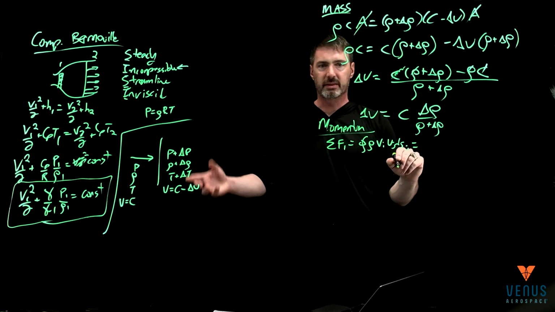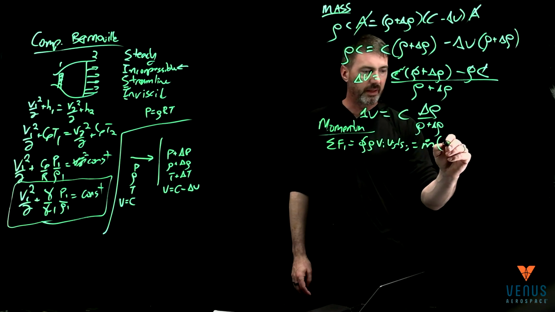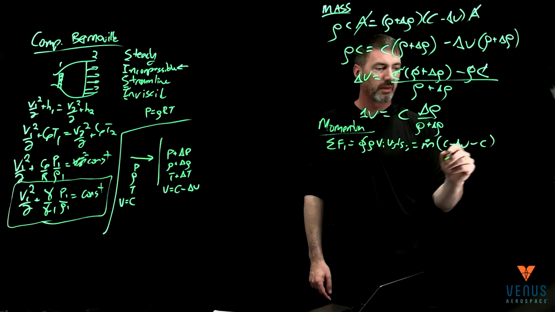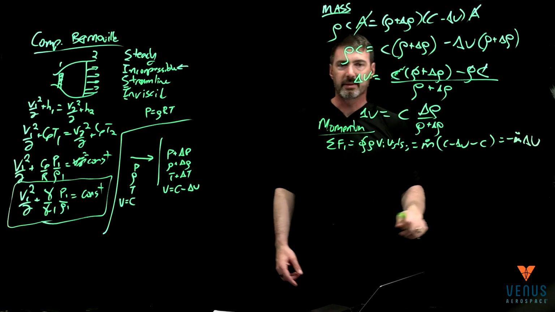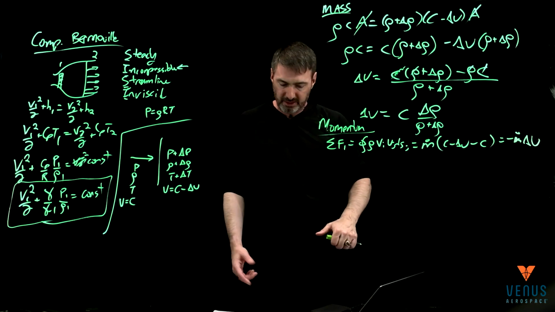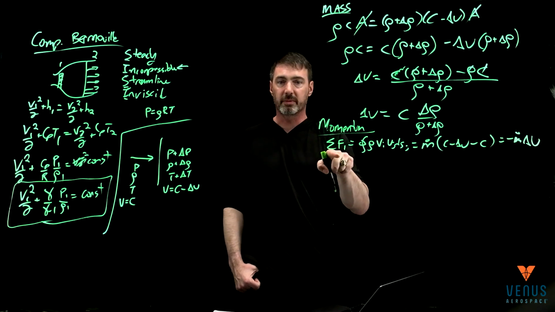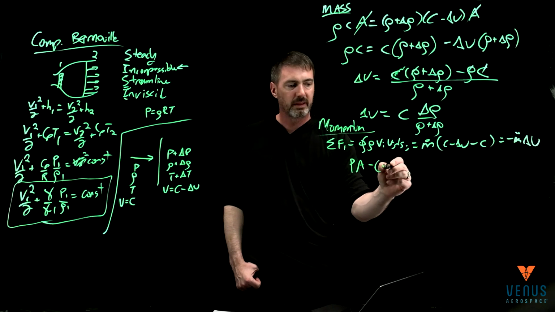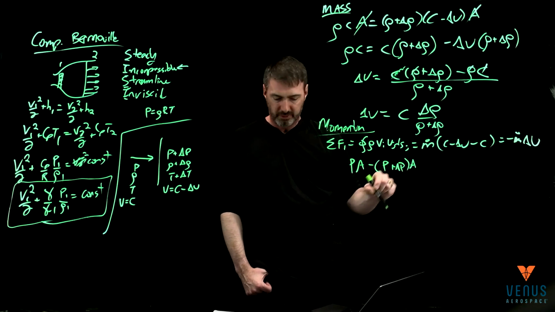But because it's very simple, it's just m dot times v, the outlet v, which is c minus delta u, minus the inlet, which is c. Well that's easy. That's just m dot delta u, right? The change in momentum is really just based on that delta u change. And that's got to equal the change in pressures, right? The only force term I have is that change in pressure times the area. So that's pressure times area minus (P plus delta P) times area is equal to that.